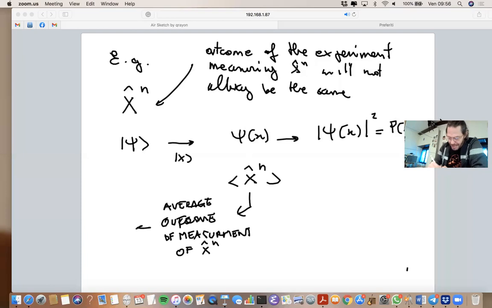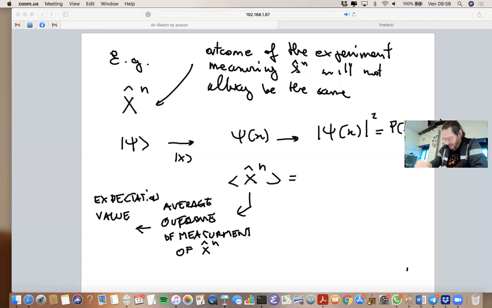This is also called the expectation value. The average, more than the most probable, to be actually rigorous. So on average, what comes out if I measure these observables many, many times?